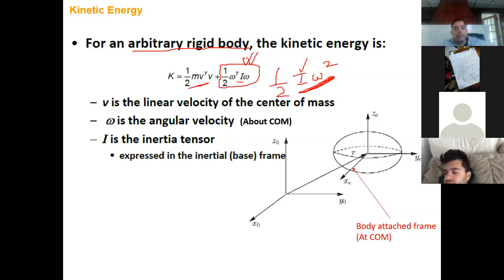Let me summarize. This is the translation kinetic energy, and this is the rotational part of the kinetic energy for an arbitrary rigid body. Here, v is the linear velocity of the center of mass. You know what center of mass is, right?